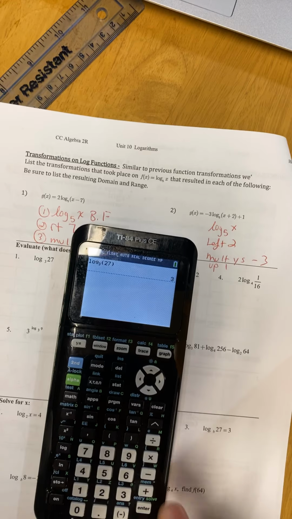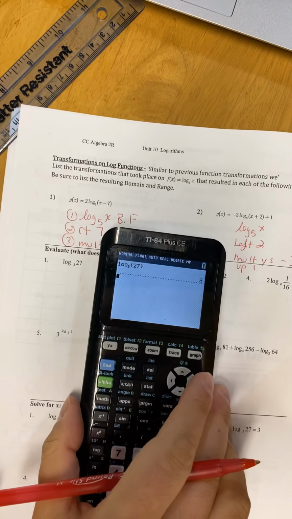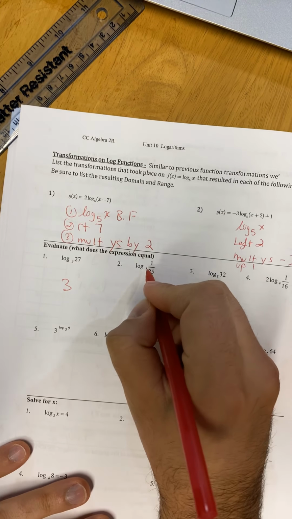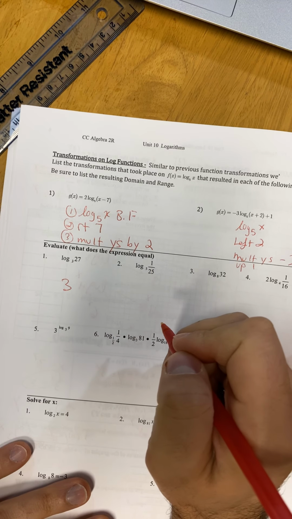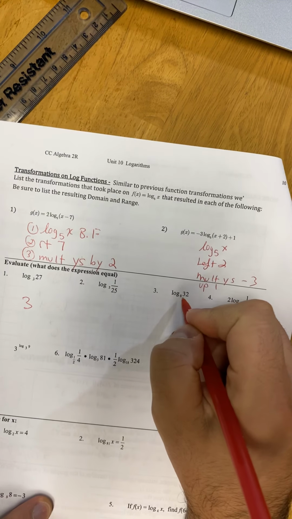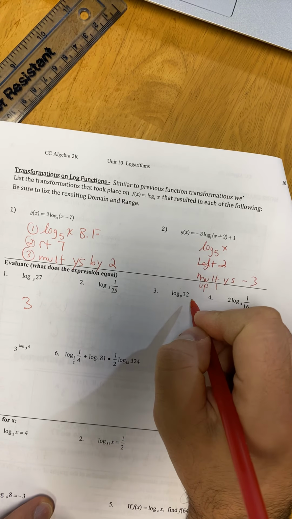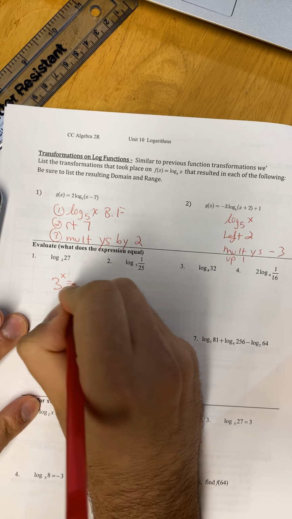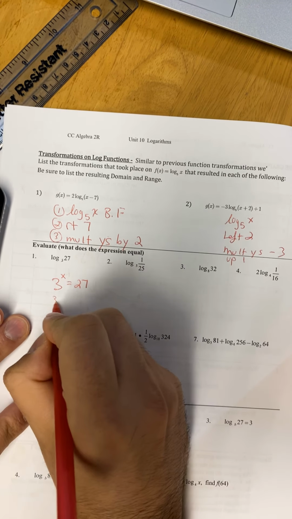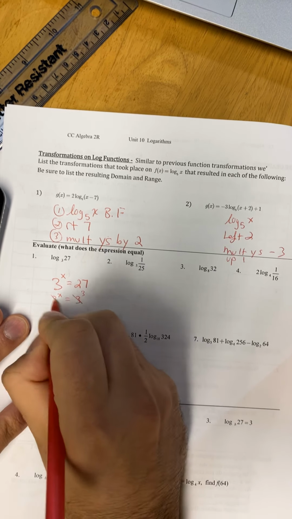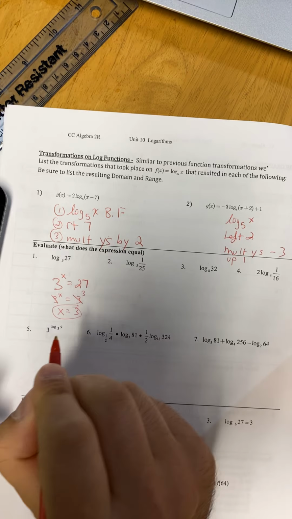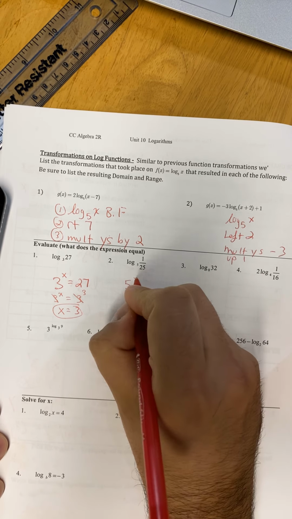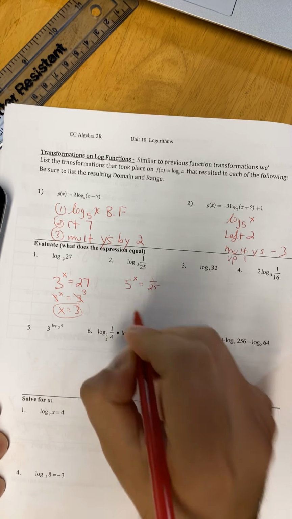Log base 3 of 27, I get 3. So 3 to the what is 27? 3. 5 to the what is 1/25? -2. 8 to the what is 32? Okay, so you could do 3 to the what is 27. 3 cubed, and we're back to when we were in school doing these types of problems, dropping the base. 5 to the what is 1/25?